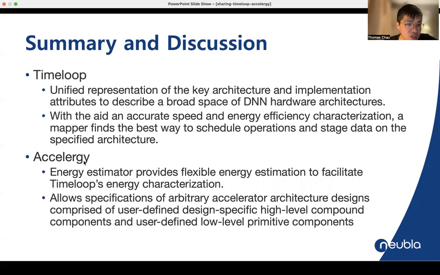The second tool, Accelergy, is an energy estimator that provides flexible energy estimation to facilitate Timeloop's energy characterization. It allows specification of arbitrary accelerator architecture designs comprised of user-defined design-specific high-level components and user-defined low-level primitive components.